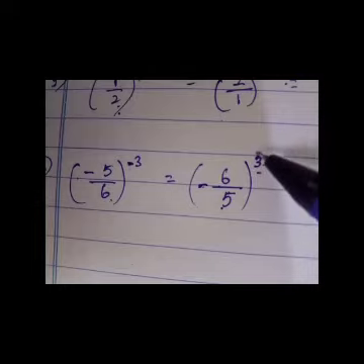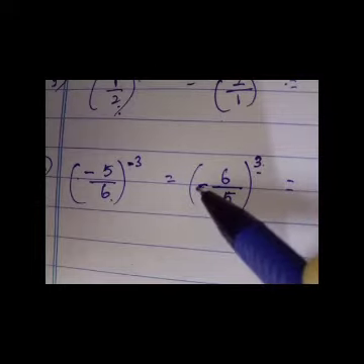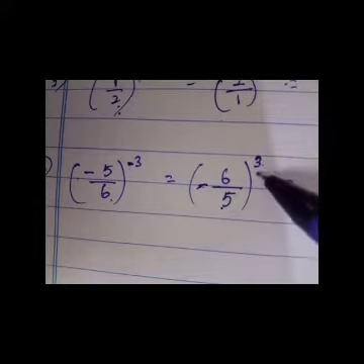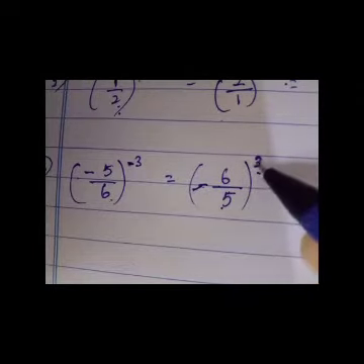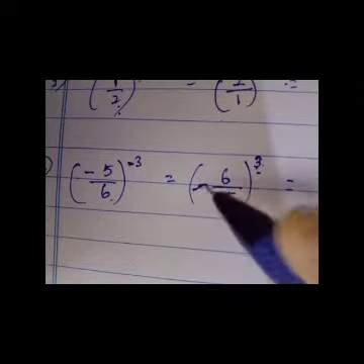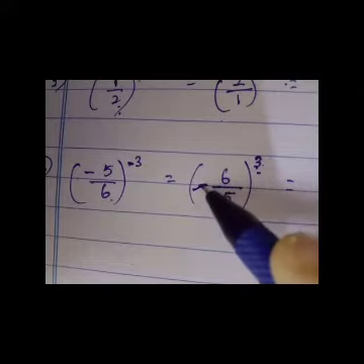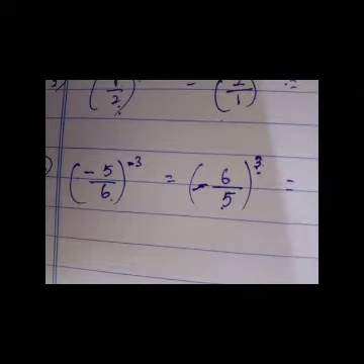So on seeing the power, if the base is negative, see the power. If it is an odd number, your answer also should be in the negative sign. Have you understood?